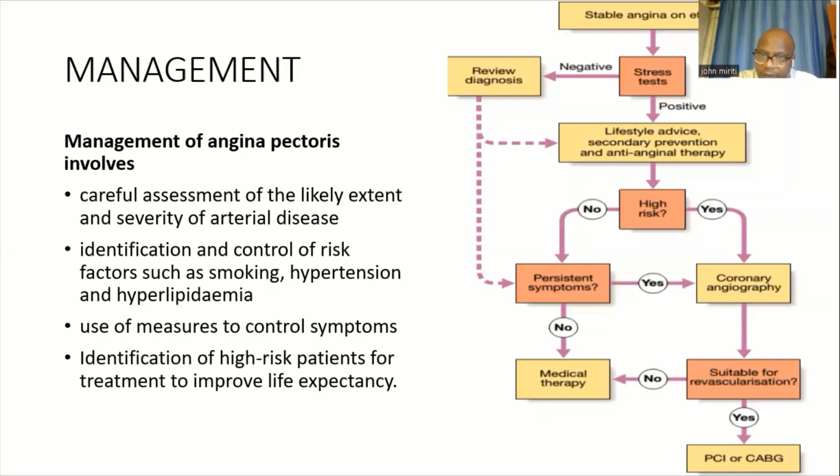If it is no, and there are persistent symptoms, you do coronary angiography while the patient is on medical therapy. If there is a set-up for revascularization, then you continue.